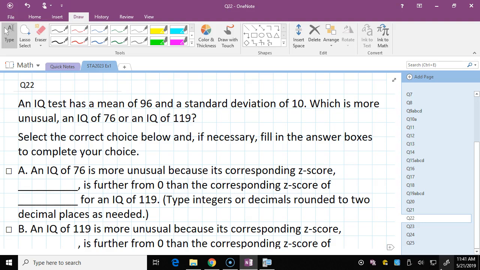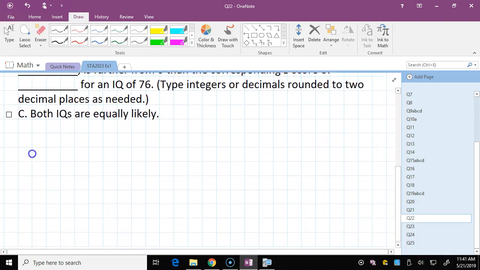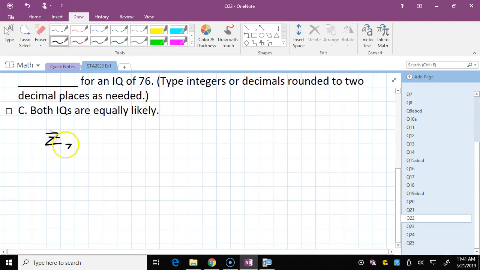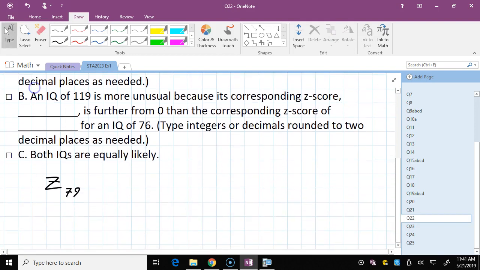So I did use a little bit of calculator on this. What we have to do is figure out the z-scores for these two. I need the z-score for 76 and the z-score for 119, because we want to know which one is more unusual. Okay? So, z-score, 76.